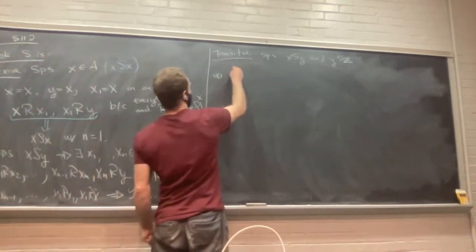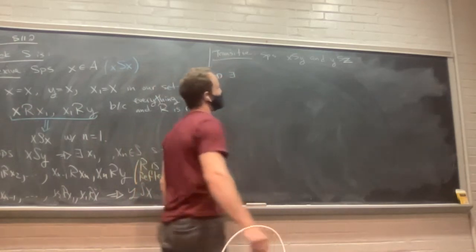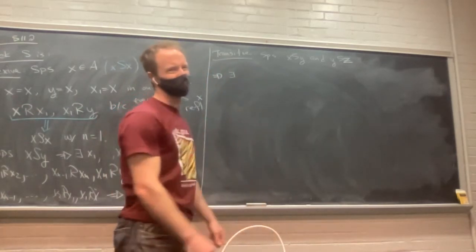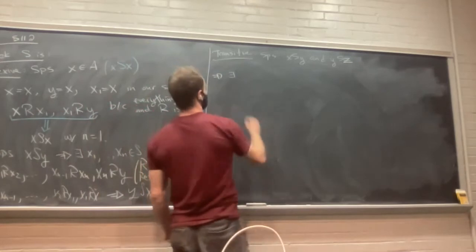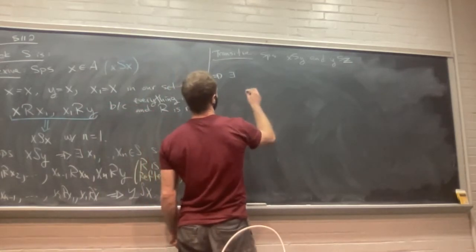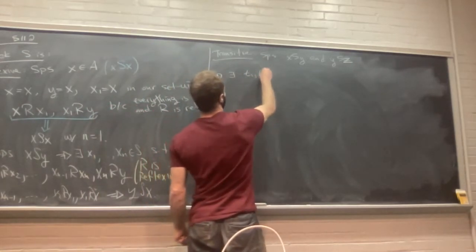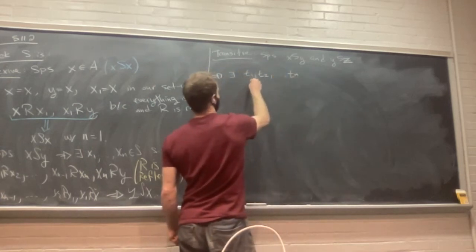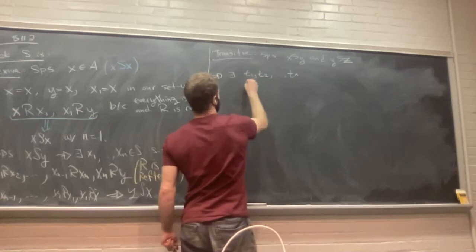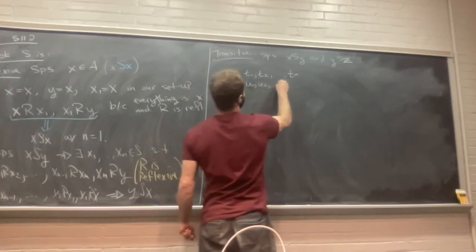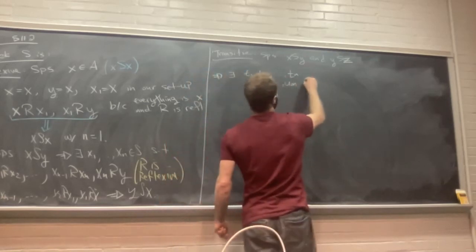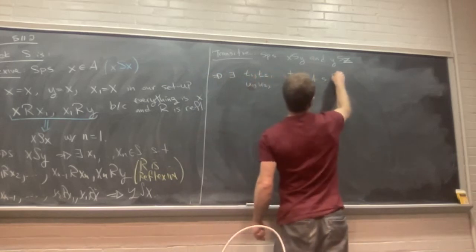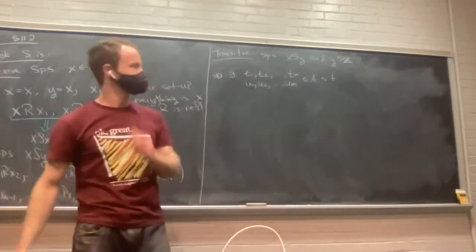So that means that there exist, I'm going to use something different, T1, T2 up to Tn, and U1, U2 up to Um, both in A, such that we have the following.